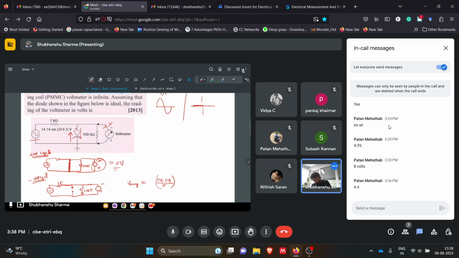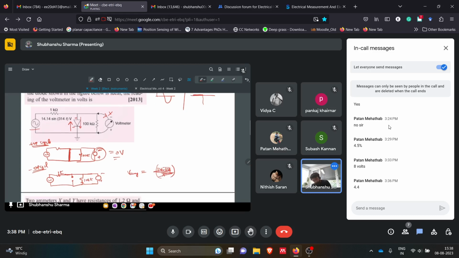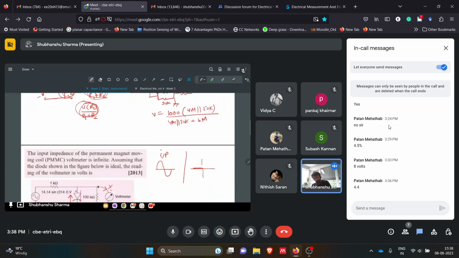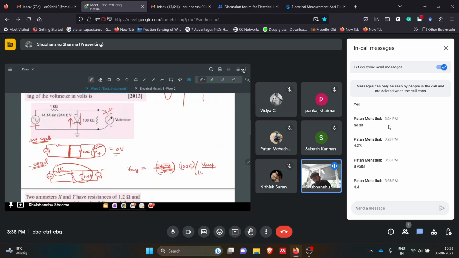Basically this is equal to V average into 100k divided by, because these are two resistances, again we are using the voltage divider, 100k plus 1k. V average is Vm by pi, because what we have across this is a half wave rectified signal.